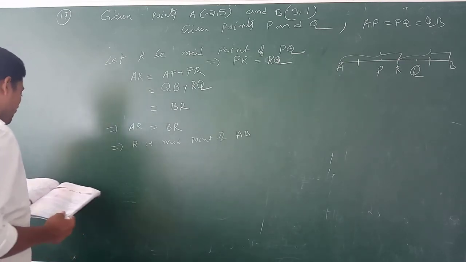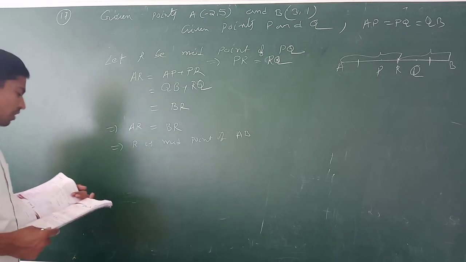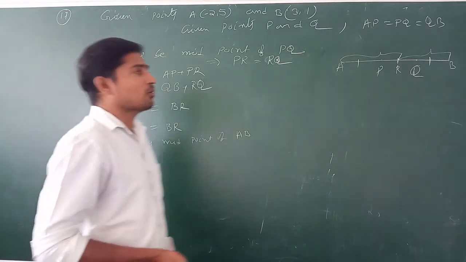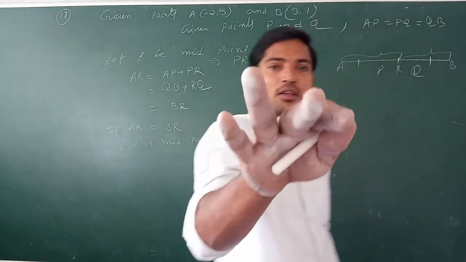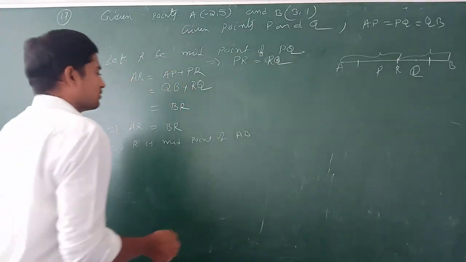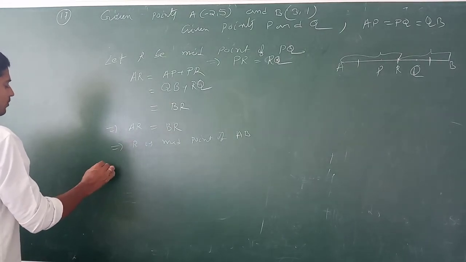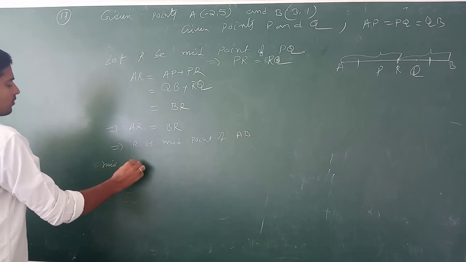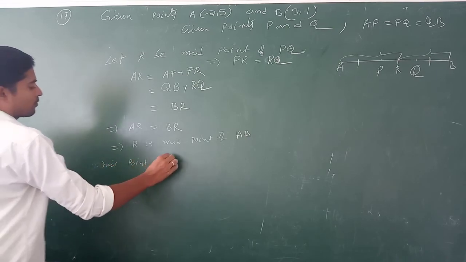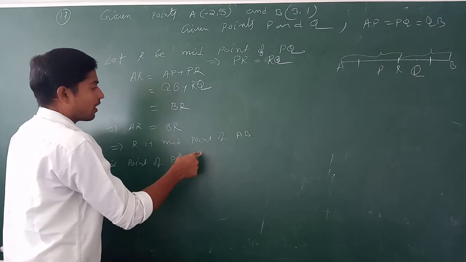The midpoint of PQ is also the midpoint of AB. So midpoint of PQ equals midpoint of AB.